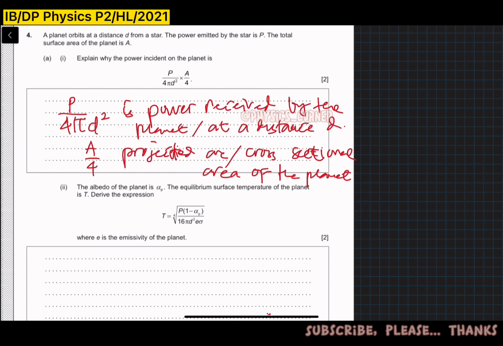Yes, that is it. I still remember when intensity is power divided by area, and then the area is 4 pi r square. Yeah, maybe something still relates with this.